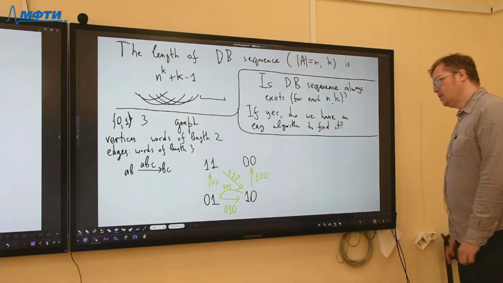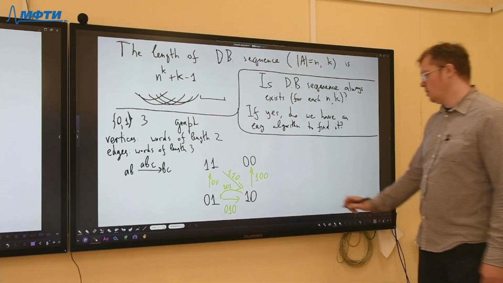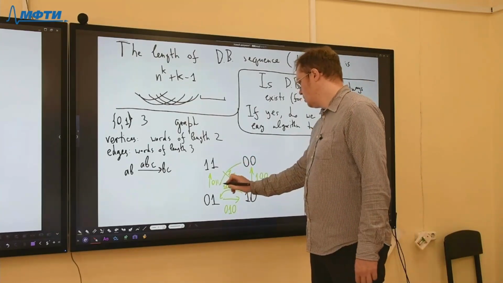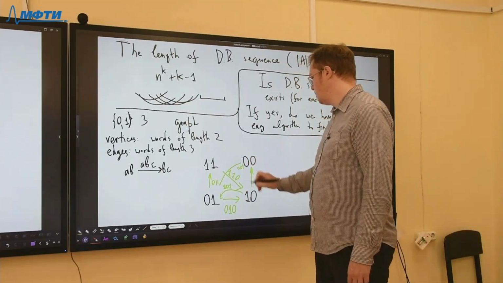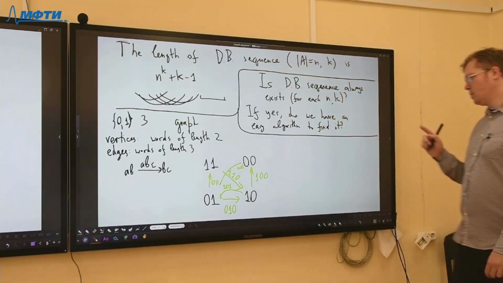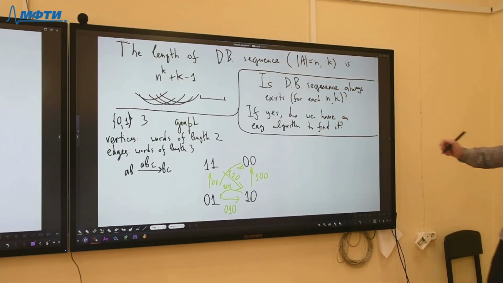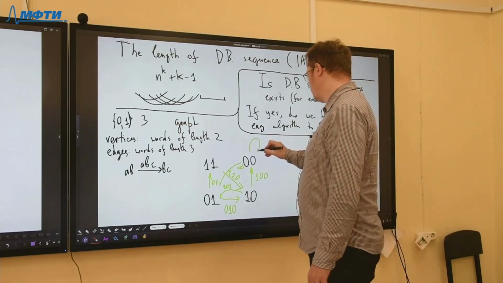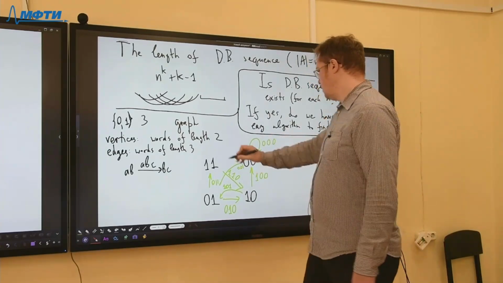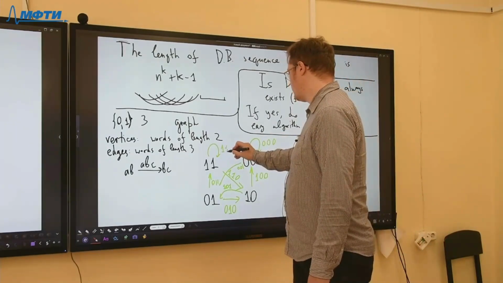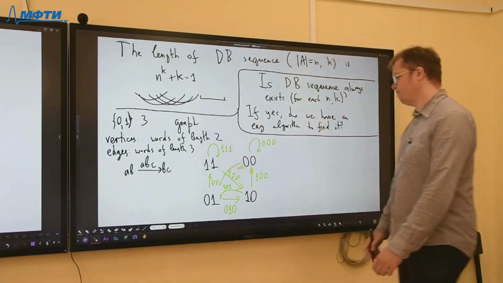Okay, this one goes 0 0 1, and I have two loops, going from 0 0 to 0 0, and from 1 1 to 1 1.